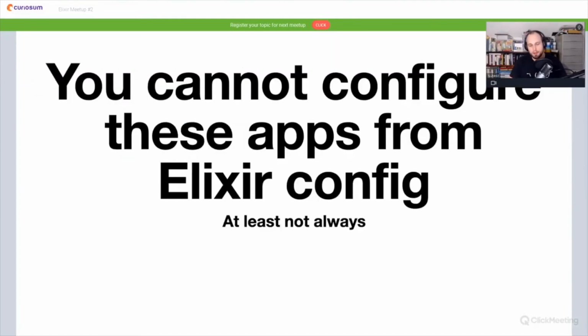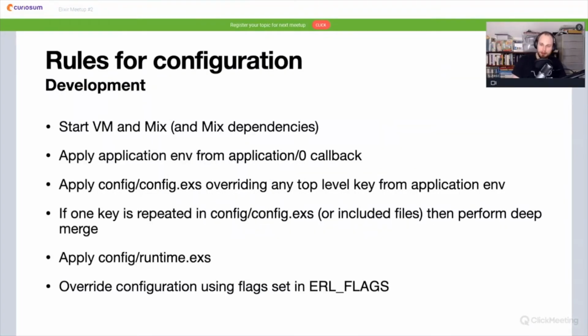And well, it does use that. So, for example, you cannot configure the Erlang logger from Elixir. At least you cannot configure it in configuration in development, because in development that configuration will be discarded, will not be applied during our startup, because that configuration will not even be there when the kernel application is started.